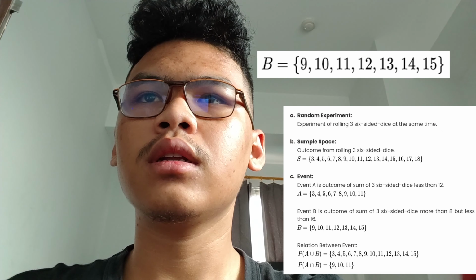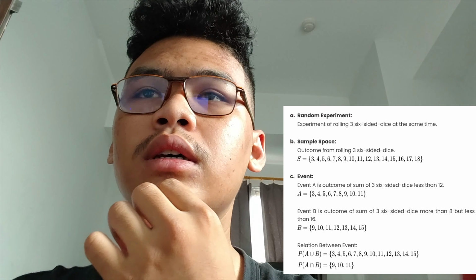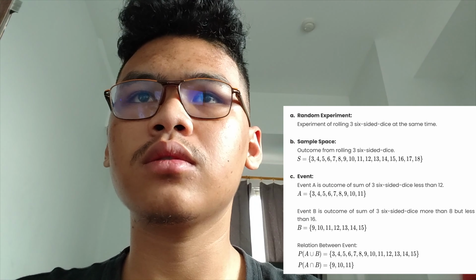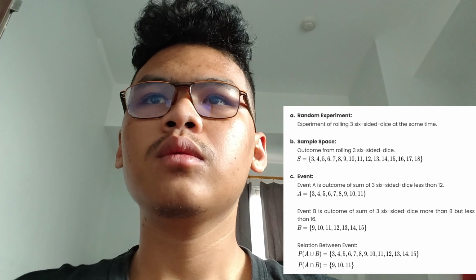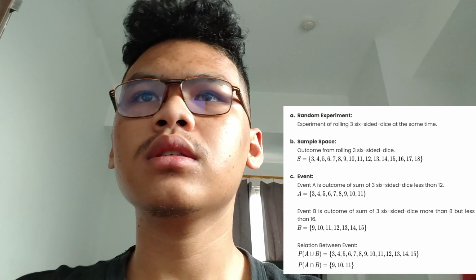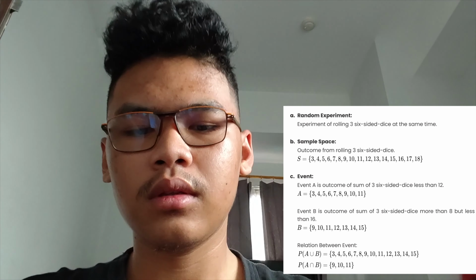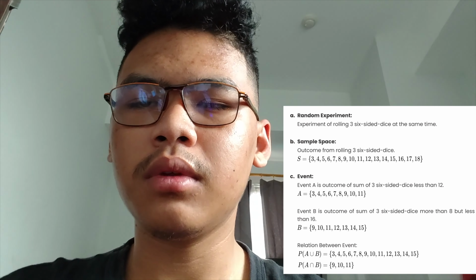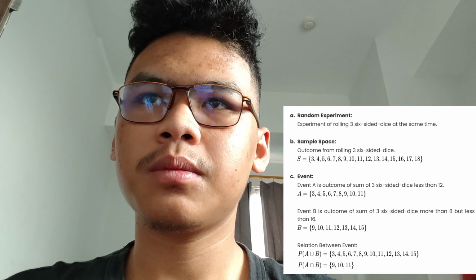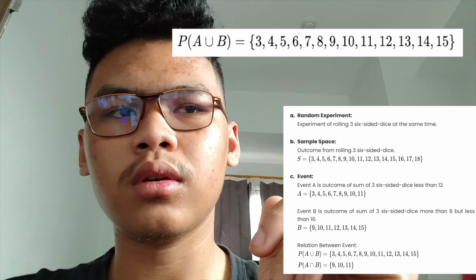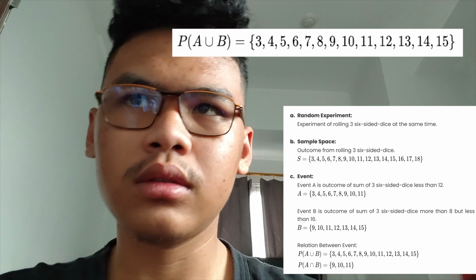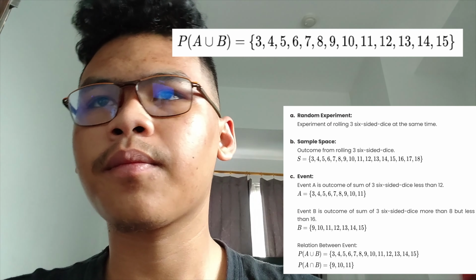And the last is the relation between the two events before, and we get two relations. The first is A union B, and we get the sample space like this. It's too long for me to say, so I'll show it like this.